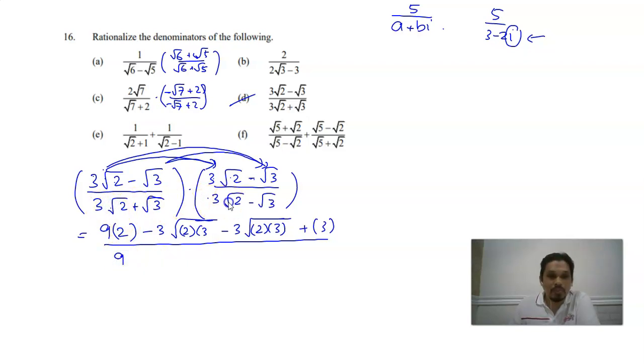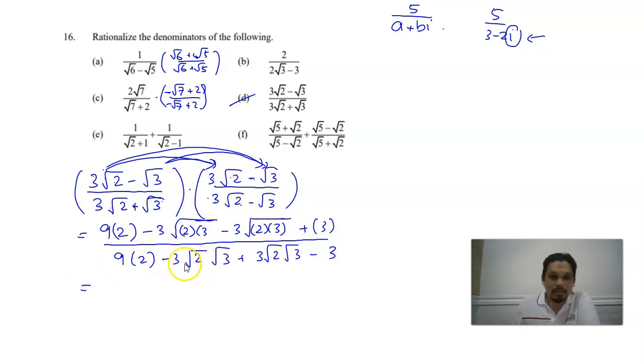Square root of 2 times square root of 2, 2. 3 square root of 2 times this negative square root of 3, and then negative 3 square root of 2 and square root of 3, plus 3 square root of 2 times square root of 3. Positive times negative, negative, square root of 3 times square root of 3, 3.